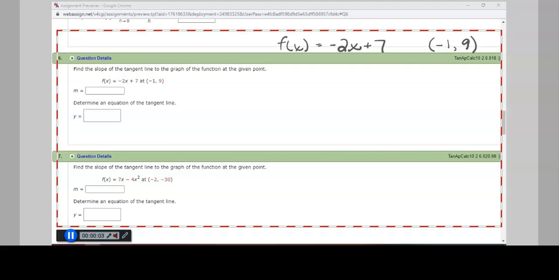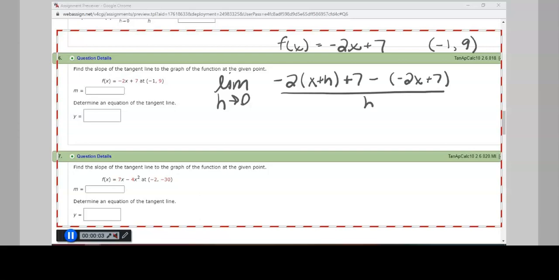So the limit as h approaches 0 of f of x plus h, negative 2 times x plus h plus 7, minus f of x, which is the original function, watch your signs, all over h.